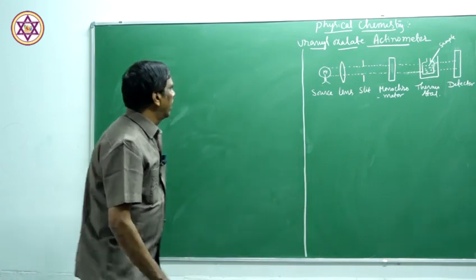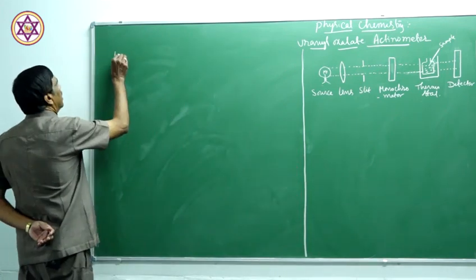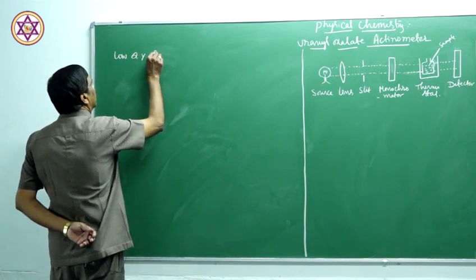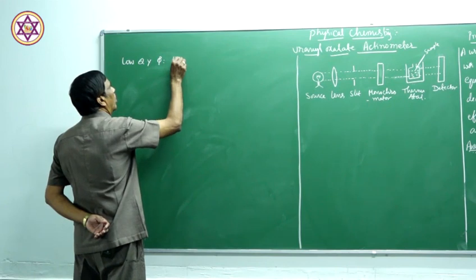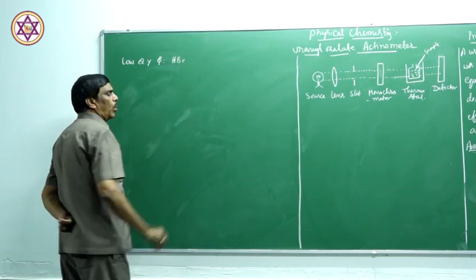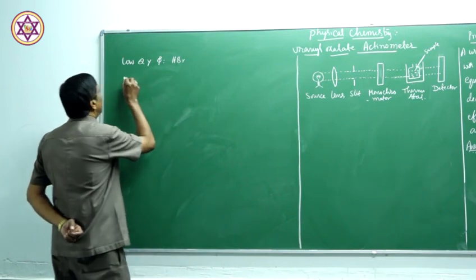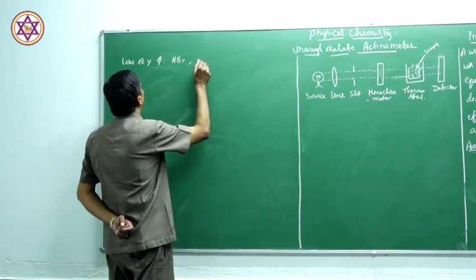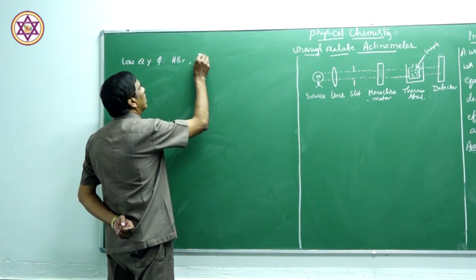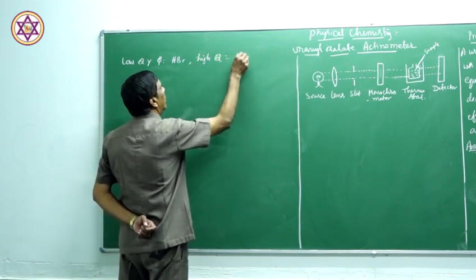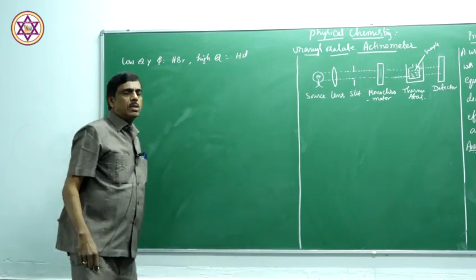Examples we have taken: the photochemical synthesis of hydrogen bromide has a low quantum yield, and the photochemical synthesis of hydrogen chloride, HCl, has a high quantum yield.